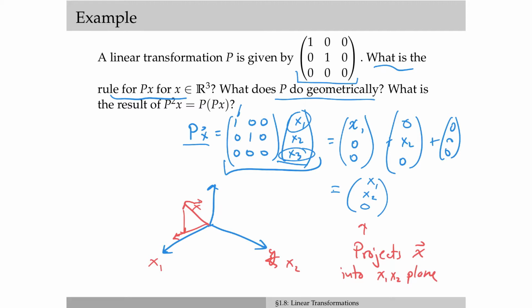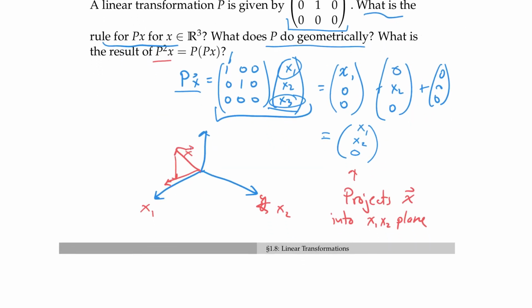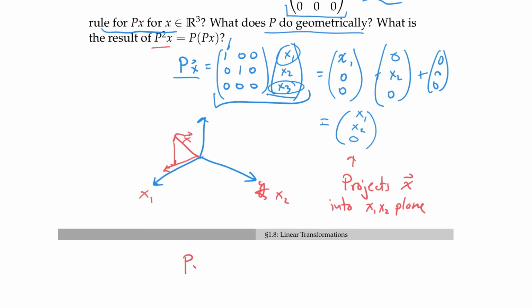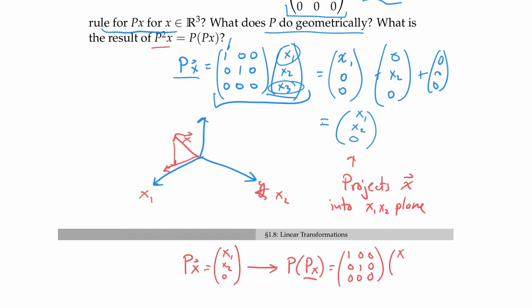Now, what's the result of P squared x? So what I've done then is I've taken Px, which I know is just x1, x2, and 0, and I'm saying let's apply P to that again. So P of Px is going to be the matrix 1, 0, 0, 0, 1, 0, 0, 0, 0 applied to Px, which I know is x1, x2, 0.